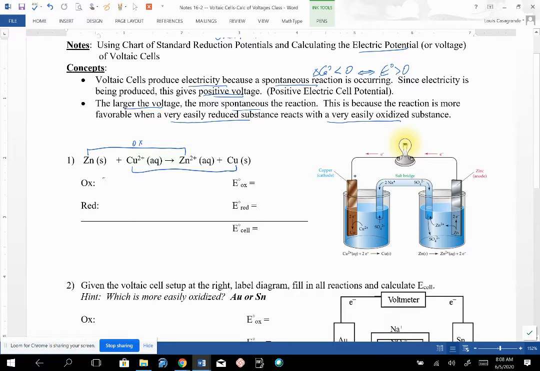So we can write those reactions down here: zinc being oxidized to zinc 2+, and because of that 2+ charge, we're going to need 2 electrons to balance it out. And the copper 2+ has a two positive charge, so we're going to need 2 electrons to balance that out to make copper metal. We have the diagram on the right, and the copper is the cathode because it's being reduced. The zinc is the anode.